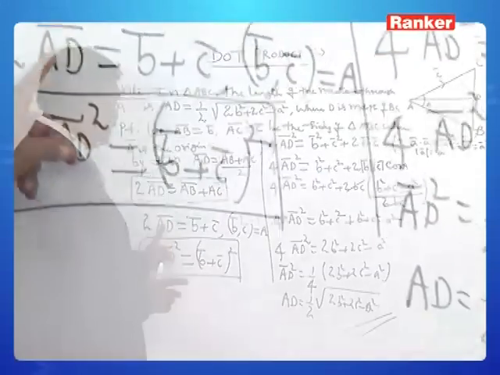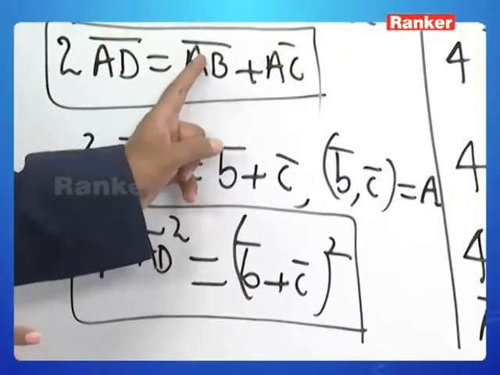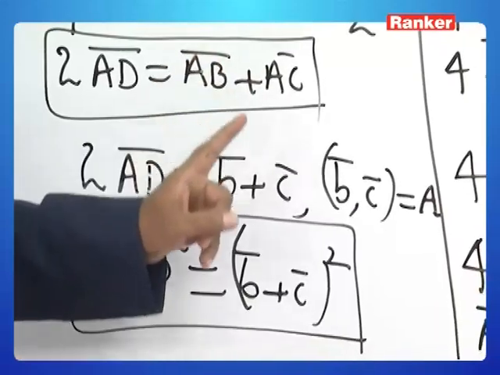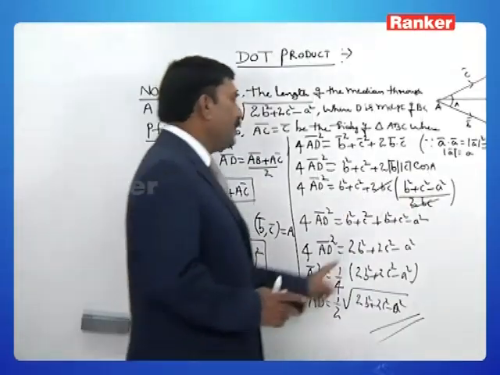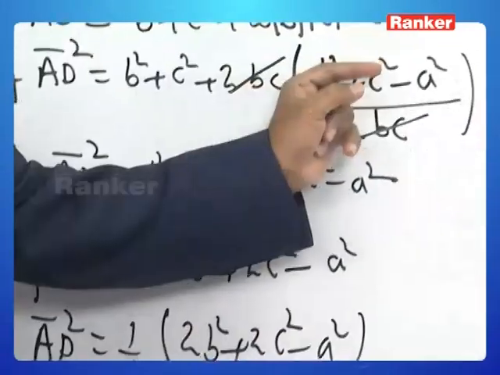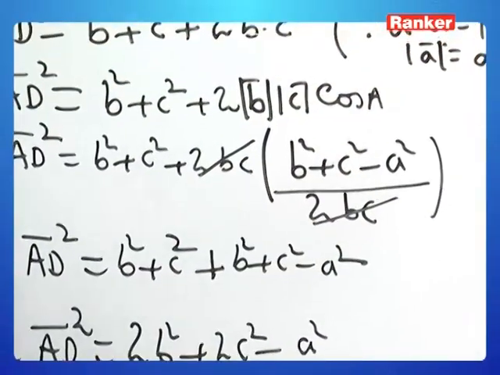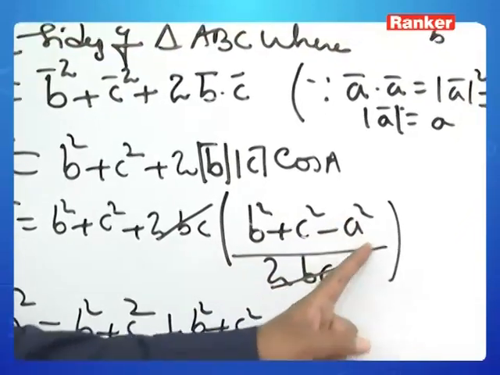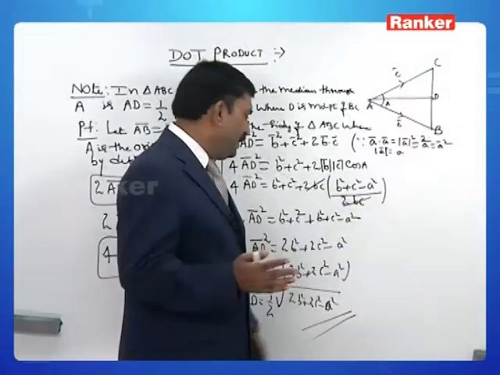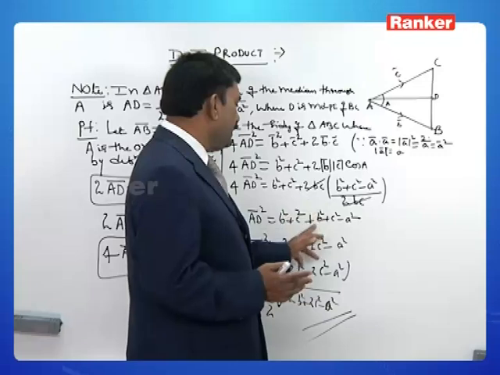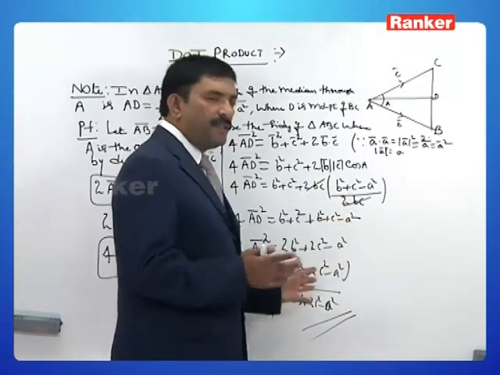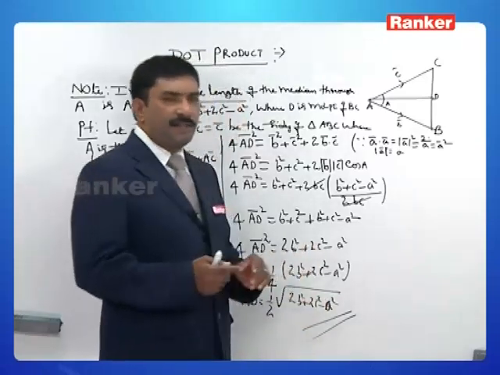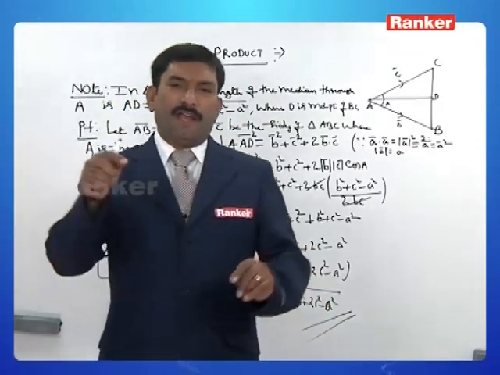Cross multiplying, 2 into AD bar. Squaring on both sides, I got b dot c, which is cos A. By the cosine rule, b square plus c square minus a square by 2bc. This is b square plus c square plus b square plus c square; these two get cancelled, a square. By adding them, we have arrived at the median through A.